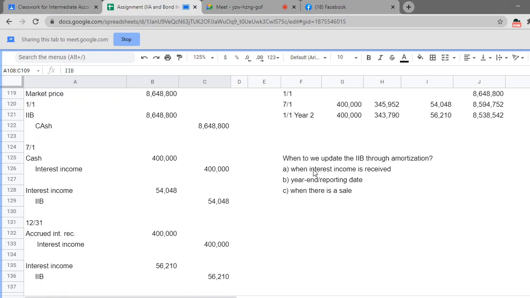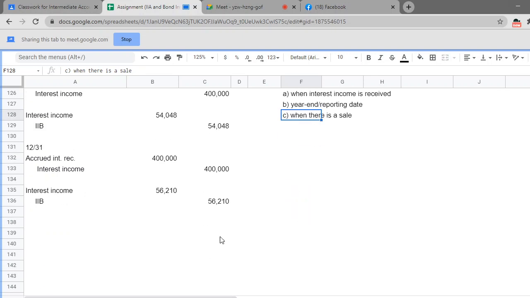So, even though wala ka nakadawat og interest income nianang panahona, even though dili na reporting date, but because mabaligya ka og bonds, you update first your investment through amortization. Okay? So, mag-prepare ka ng ganyang entry or the reverse of that. So, that would, I think, be the entries that is required for the current year.